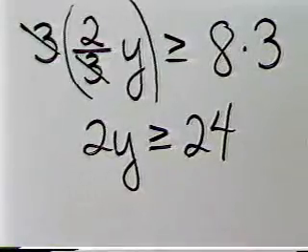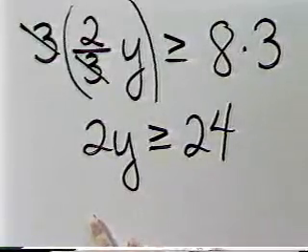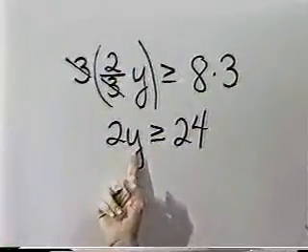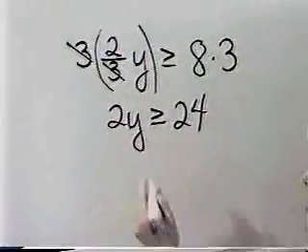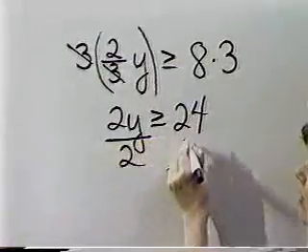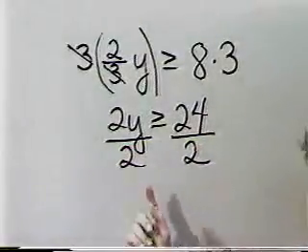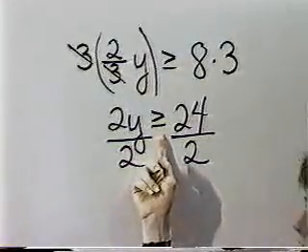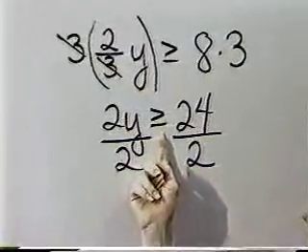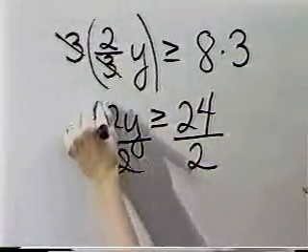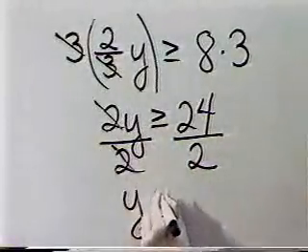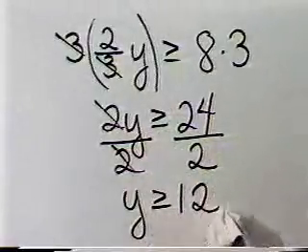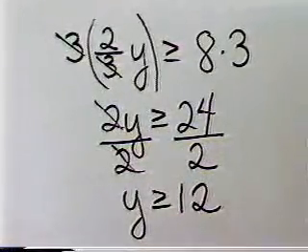And now let's divide both sides by the coefficient of the variable, which in this case is y. So I'll divide both sides by 2. I'm dividing by a positive number, so I do not change the direction of this inequality sign. Let's simplify. We'll have y is greater than or equal to 24 divided by 2, or 12.